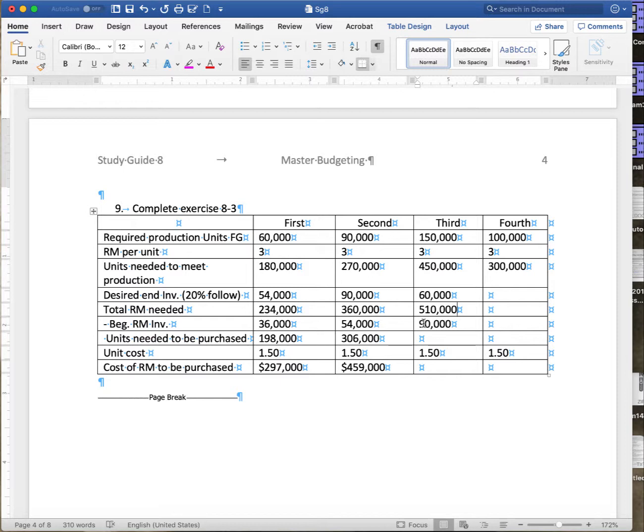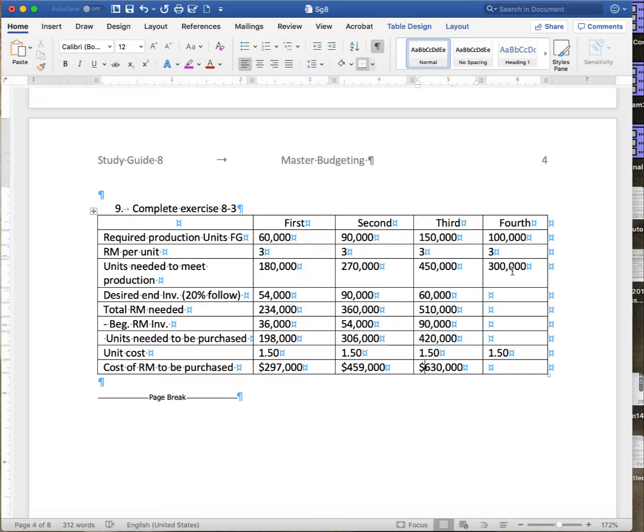I add those. I need to subtract out my beginning raw materials. That's the 90,000 units that I started the month with. 510,000 minus 90,000 gives me 420,000 grams of musk oil. I multiply that by $1.50 because that's how much it costs me. That's $630,000. And again, this one's dollars.